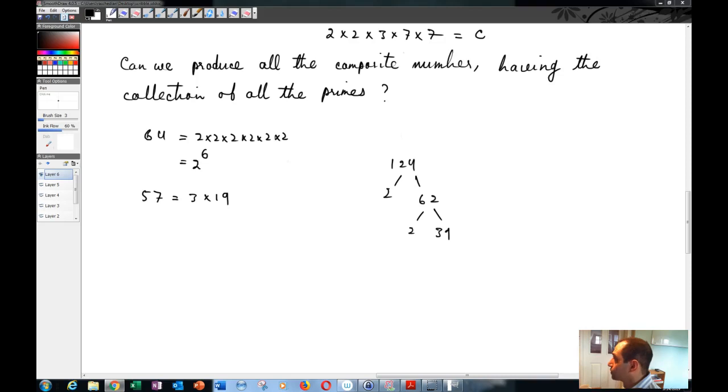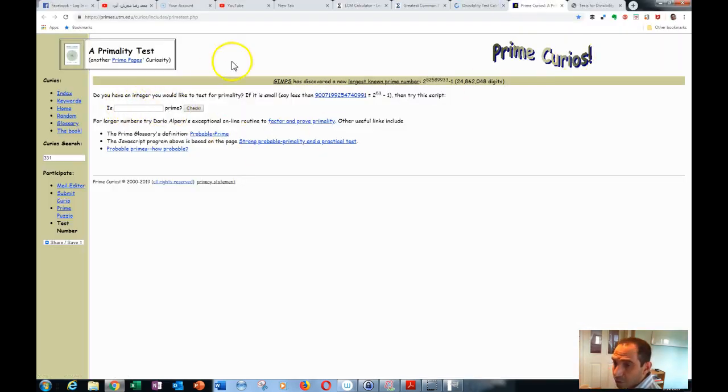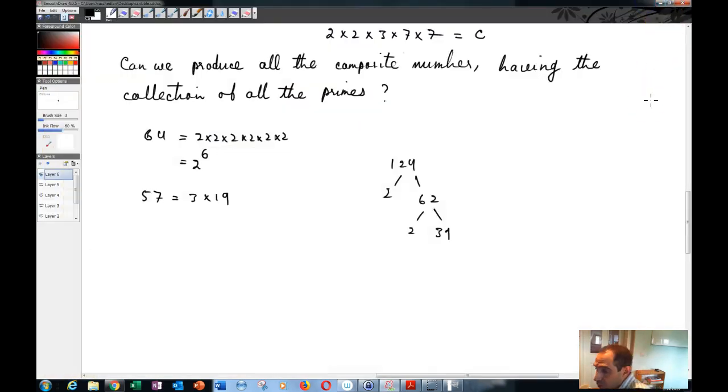There is a website over here that you can use to check whether a number is prime or not. For example, 31, if you check, it's a proven prime. I don't really know how you can prove whether some number is a prime or not. Hopefully we will see about that.